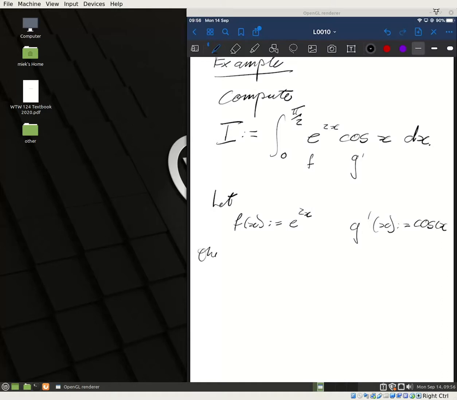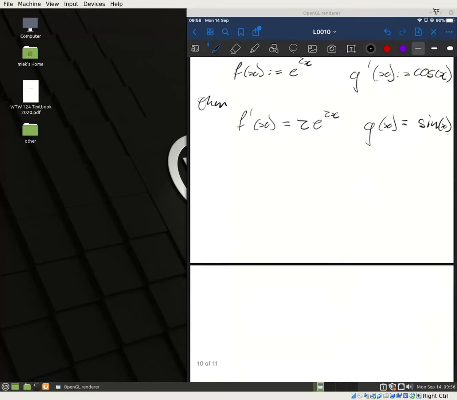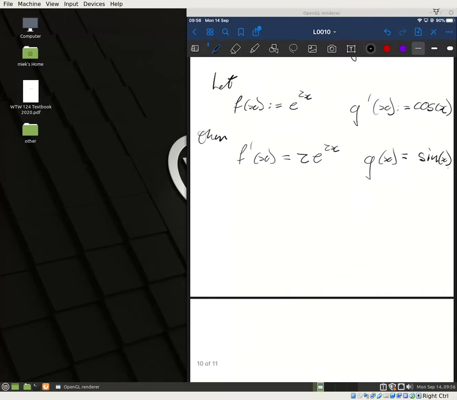Then we've got f prime of x is equal to 2e to the 2x, and g of x is equal to sine of x. Good.